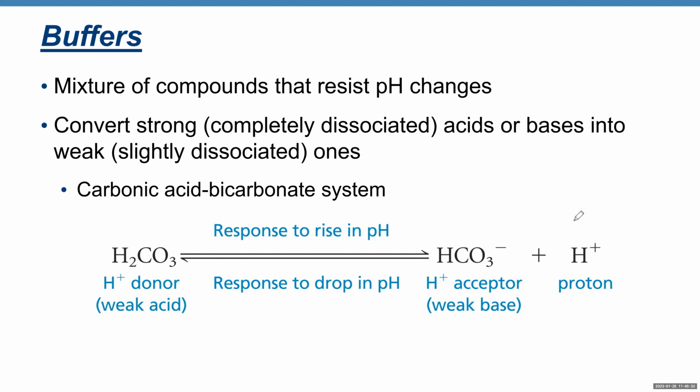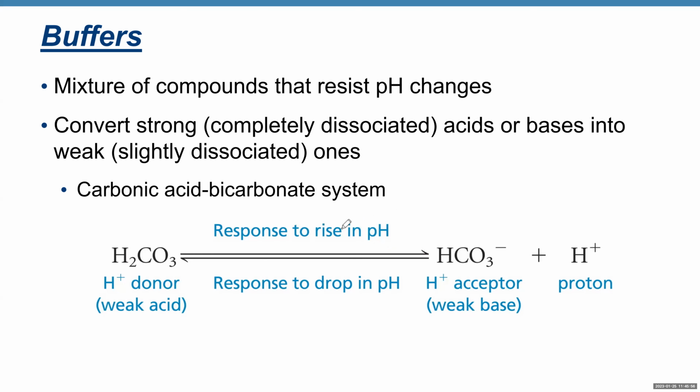If you have not enough hydrogen ions, if you have few of them, then carbonic acid will dissociate more to donate more hydrogen ions. And that's how you will keep that balance, right?